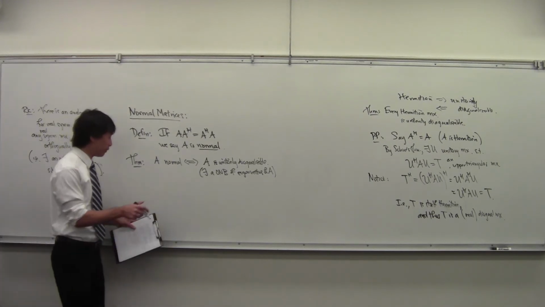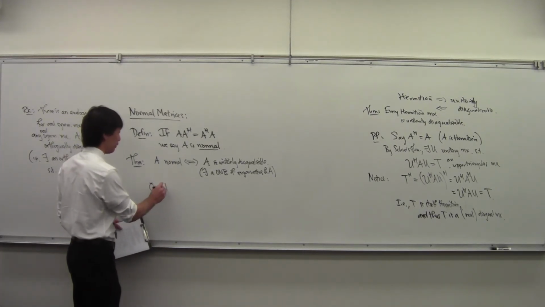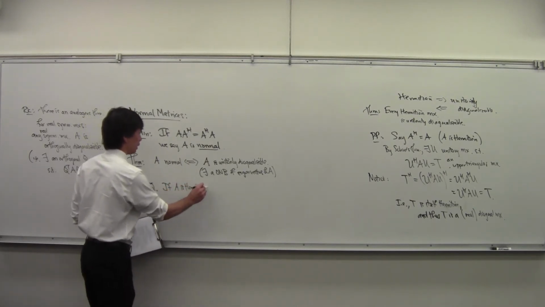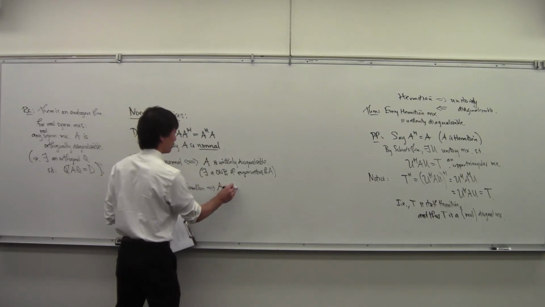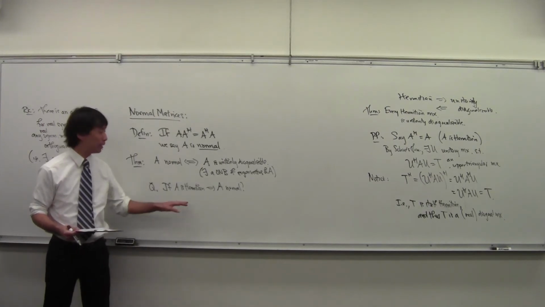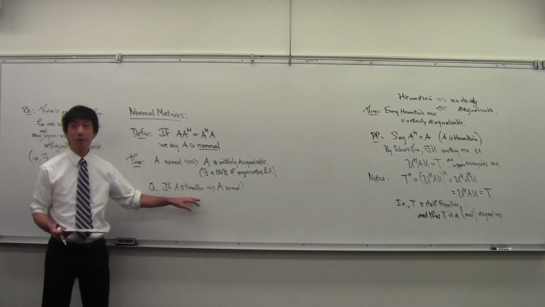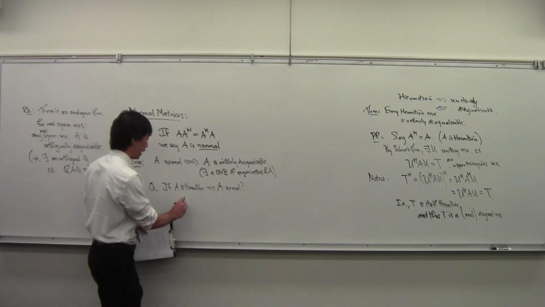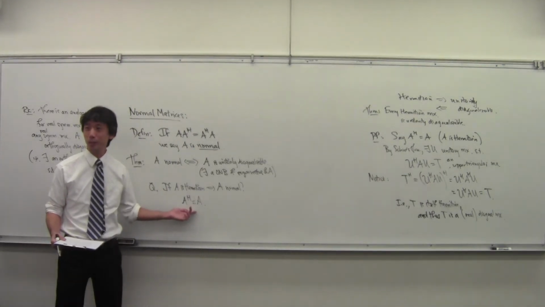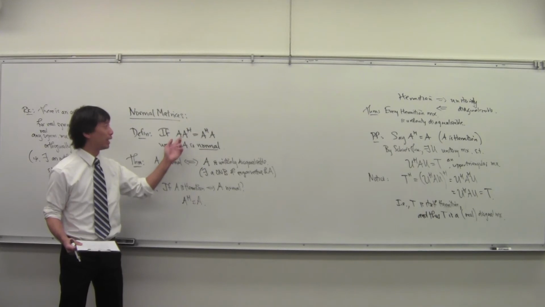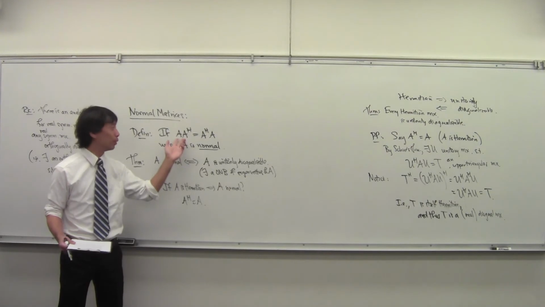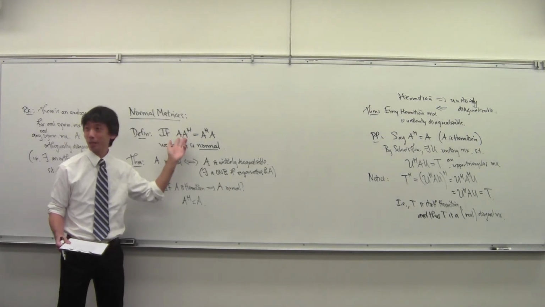Let me ask you a dumb question first. If A is Hermitian, is it normal? Sure. If A is Hermitian, then AH equals A. The condition of normalness would be, does A times A equal A times A?